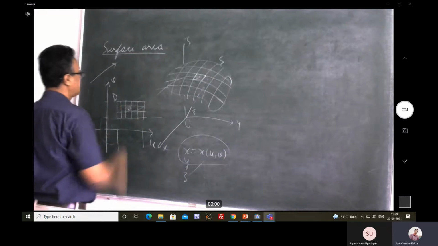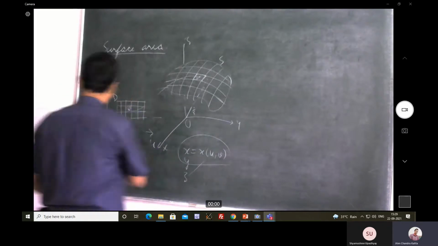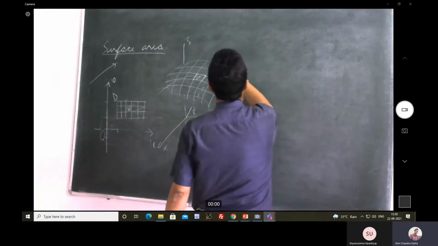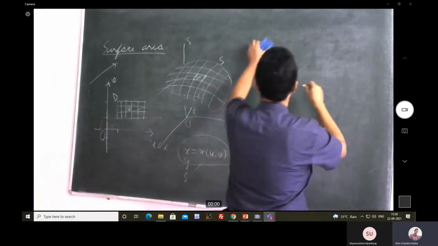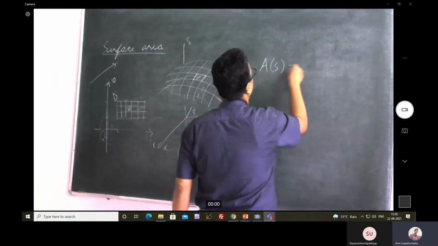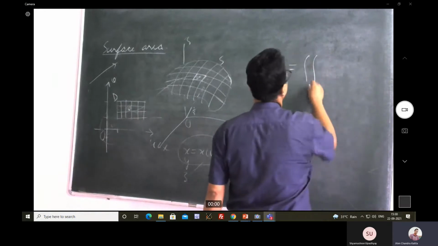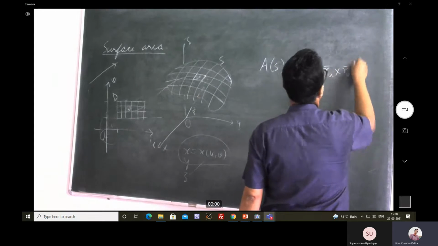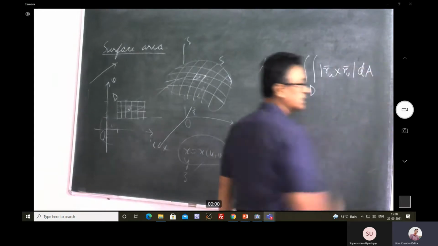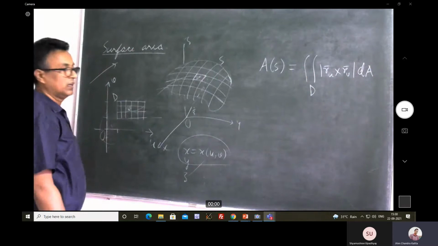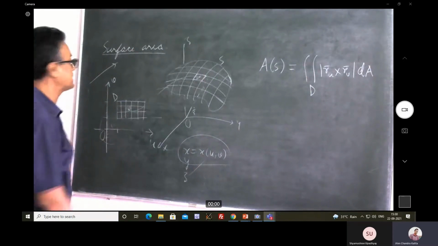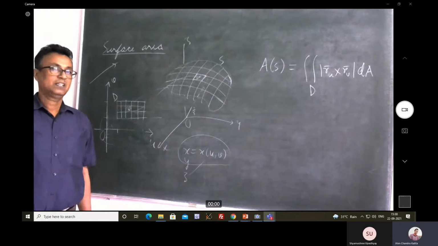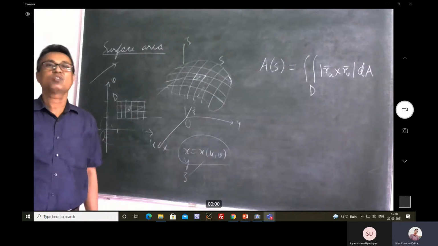Now, one thing I would like to mention is that, suppose this is my domain D. The area of this surface was given to me as simply the double integral over D of the magnitude of Ru cross Rv dA. I have this formula. Now, you have to remember that here D was considered as a rectangular domain, but it is not necessarily so that it is always going to be a rectangular domain.